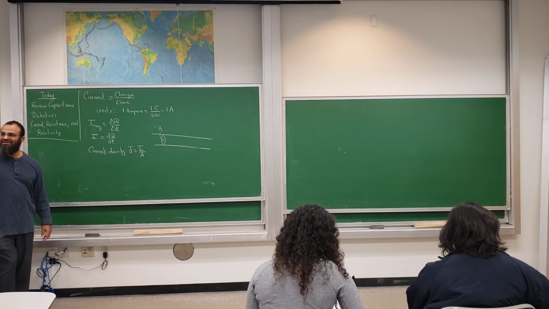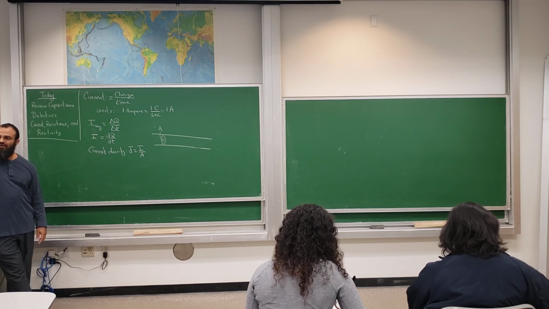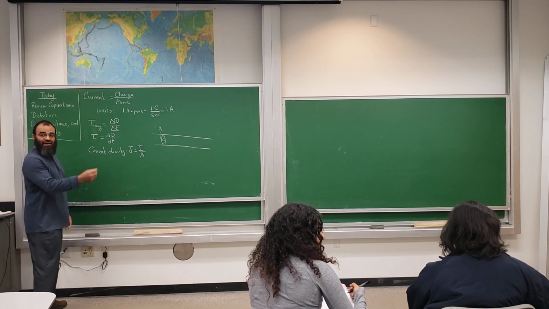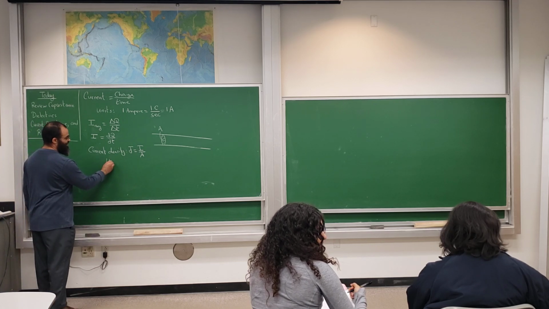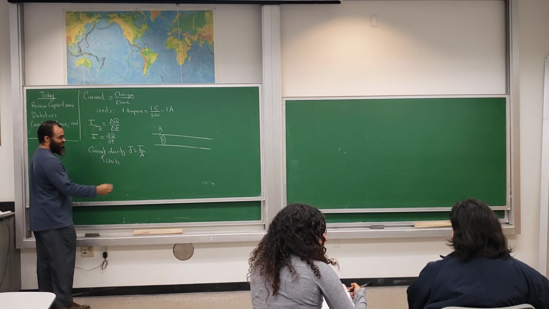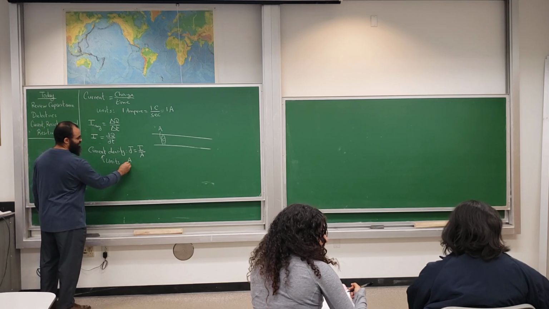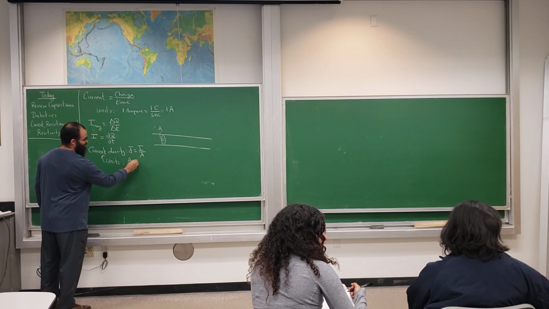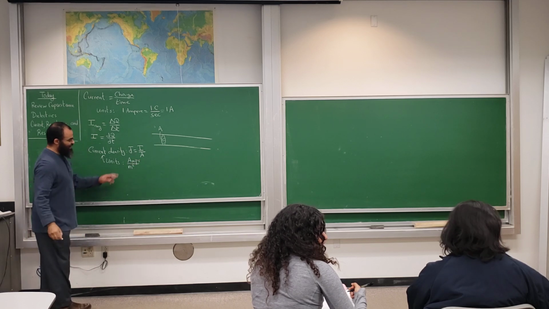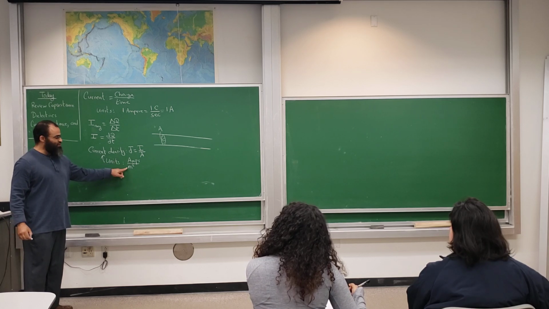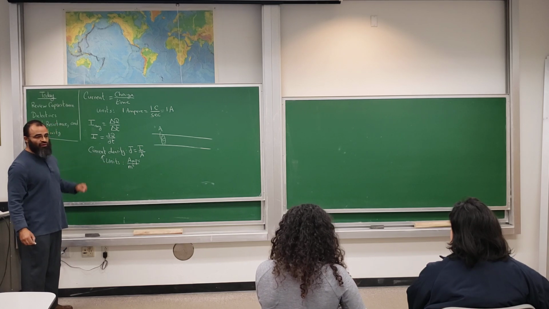So the units for current density would be amperes per square meter. Amps means amperes, right? Amperes per square meter. That's the unit for current density.